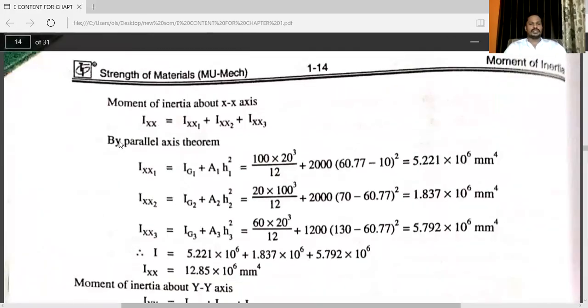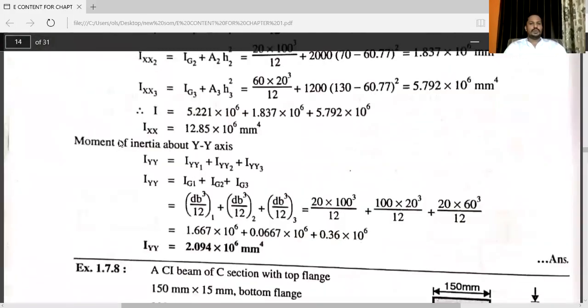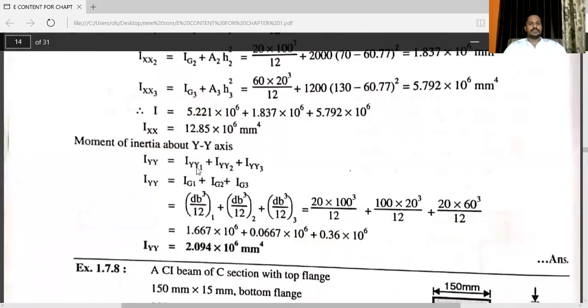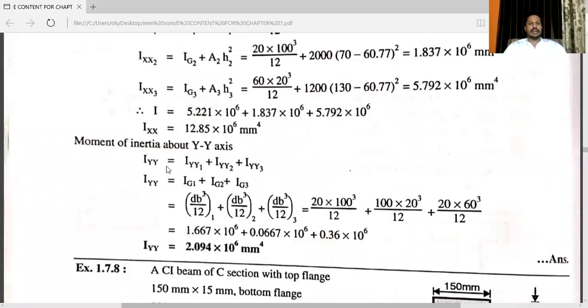So here you can see, no need to use the parallel axis theorem. Here directly the value of Iyy is equal to Iyy1 plus Iyy2 plus Iyy3. So Iyy1 is equal to IG1, Iyy2 is equal to IG2, Iyy3 is equal to IG3.